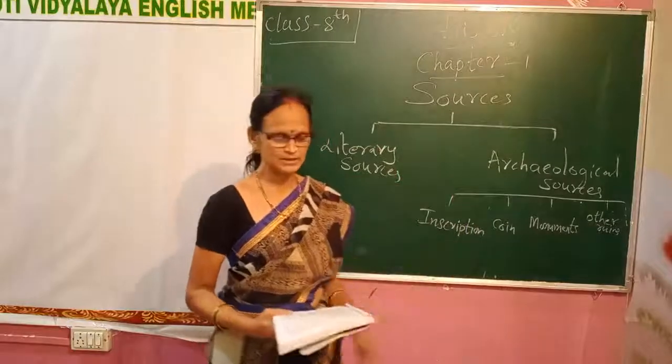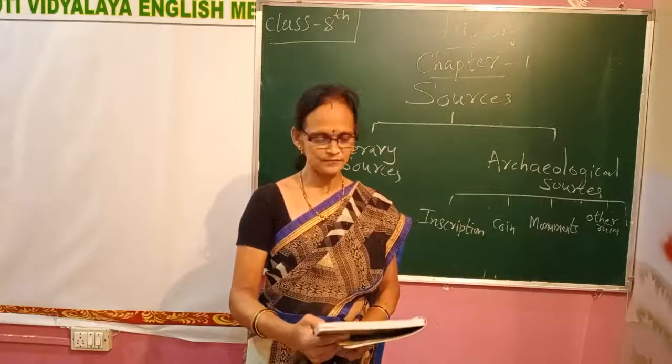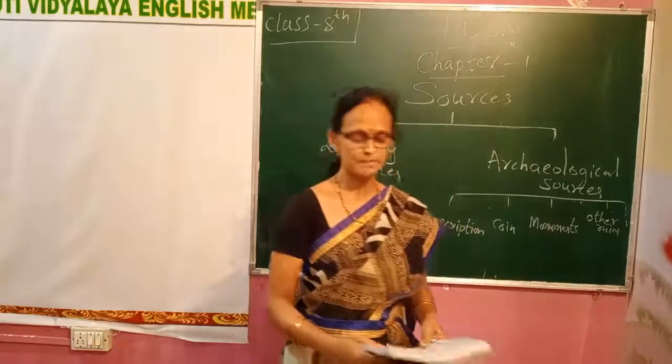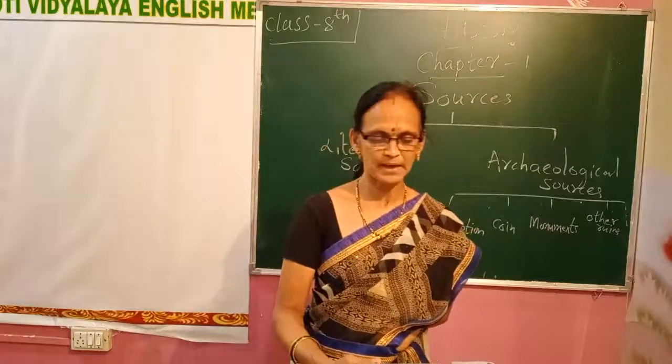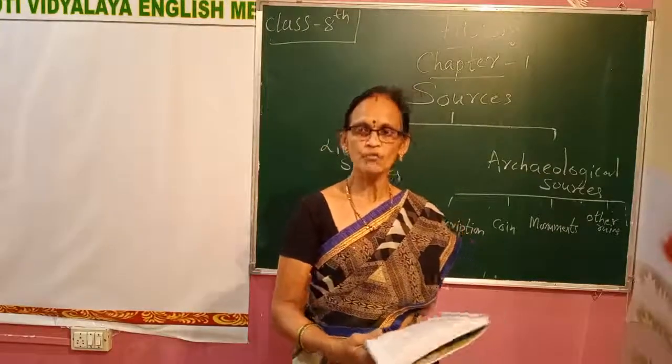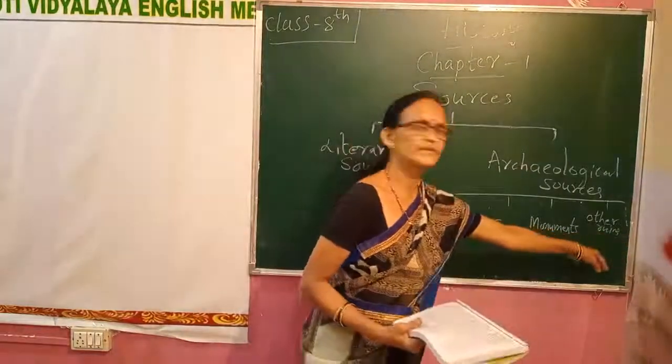Archaeological sources are available not only on the surface of the earth but also hidden deep in the depths of the earth. The hidden things in the earth are dug up by using scientific methods. So how did we get these inscriptions, coins, monuments and other ruins?